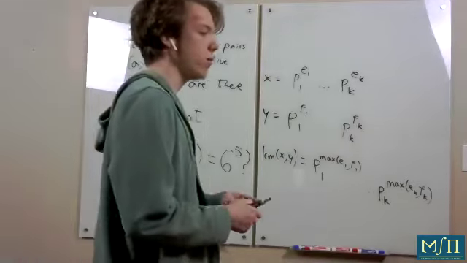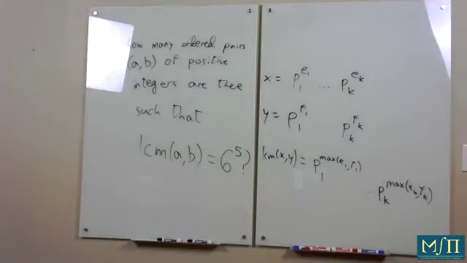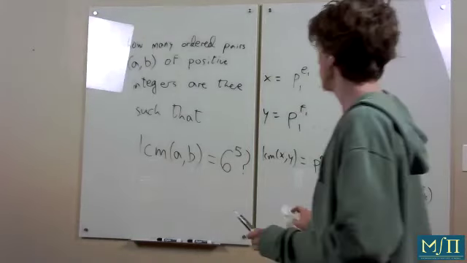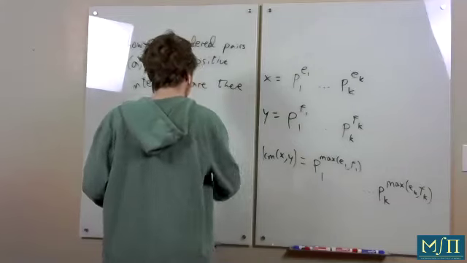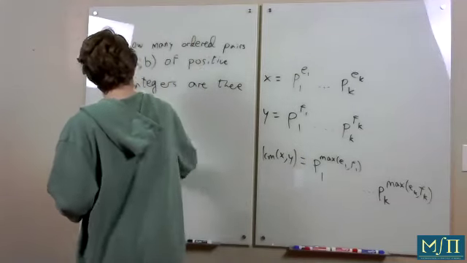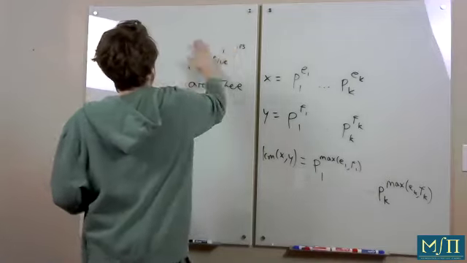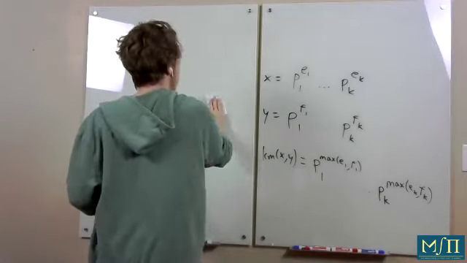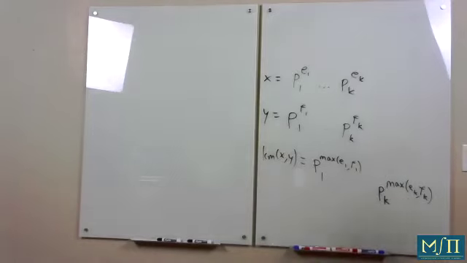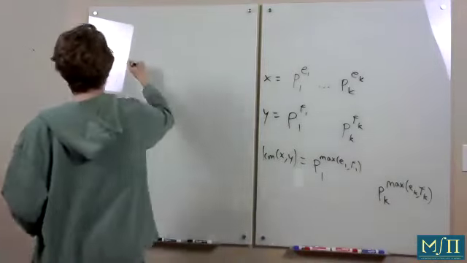So what is the prime factorization of 6 to the 5th power? It's 2 to the 5th power times 3 to the 5th power.